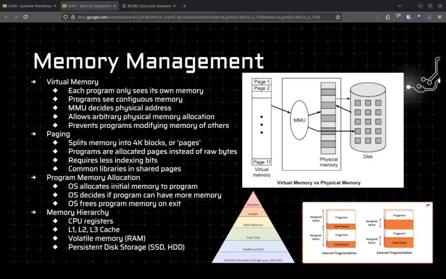Another good benefit of paging is having common libraries in shared pages. Common libraries such as C libraries can be used by many programs as dependencies, and having them linked to a shared page drastically decreases the amount of memory needed since you reduce duplicates.